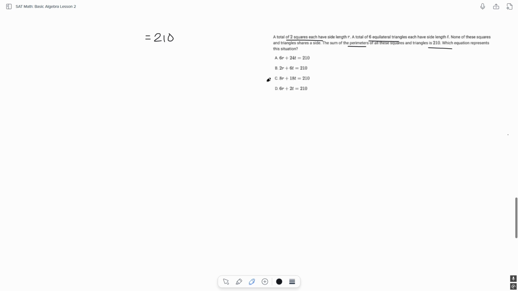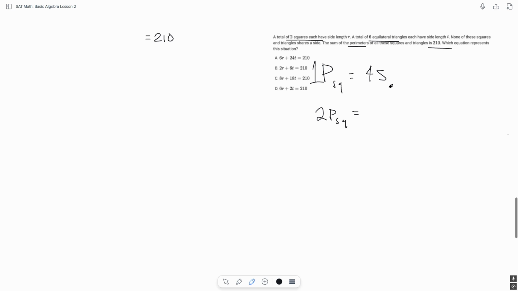We can't eliminate anything based off of that. But if they're asking for perimeters, what do we know about squares? The perimeter of a square is equal to the side plus the side plus the side plus the side. You know all the sides are the same, so this can just be 4s. But this is one square. So how do you find 2 squares?